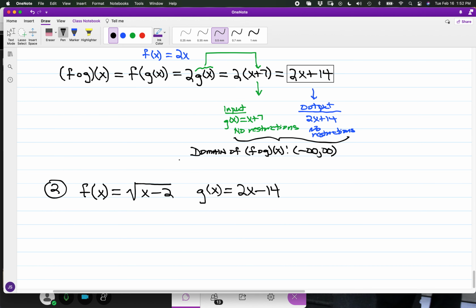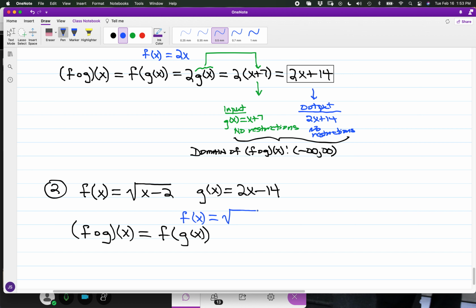Okay, so for what we're going to have in this composition, for f composed with g of x, so f of g of x, following through in line with f of x, the input is equal to the square root of the input minus 2.